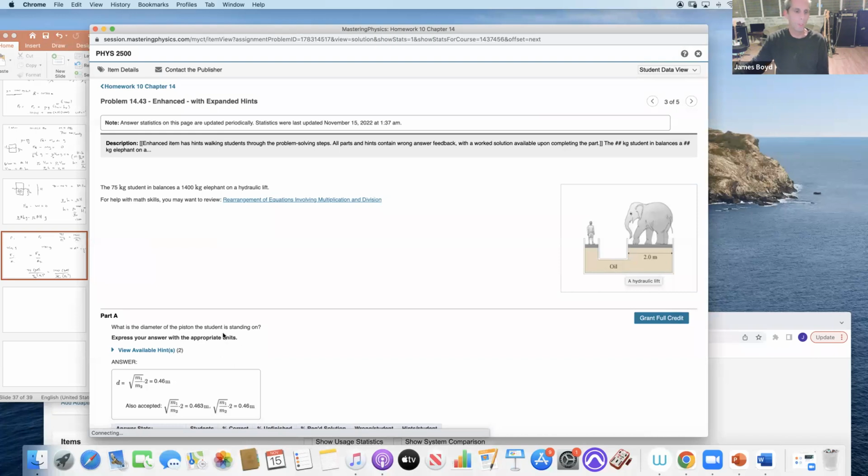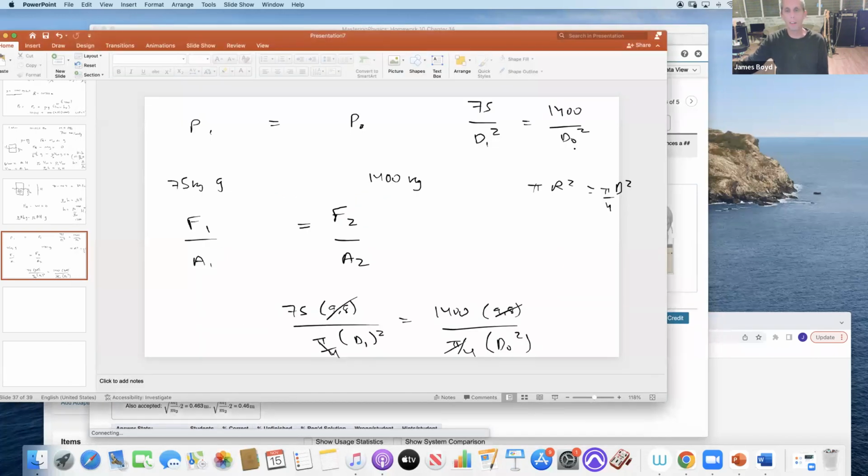This is 2, so what is the diameter here? This is 2. d in is 75 times d out over 1400. And d out is 2. So 75 times 4 divided by 1400, square root of that answer is 0.46 meters.